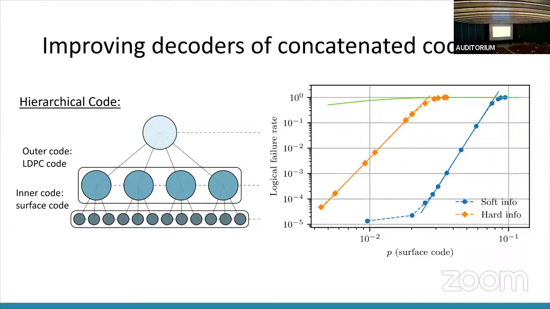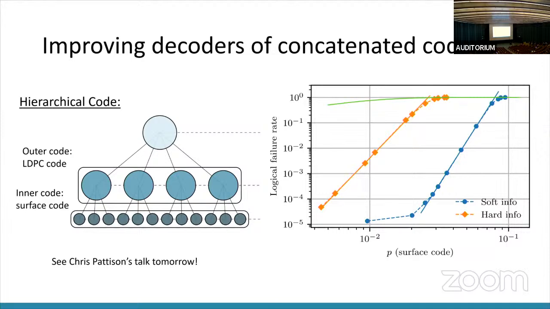So each of those physical qubits in the LDPC code, if you zoom in, you would see a surface code. But see Chris's talk tomorrow on hierarchical codes. Essentially, it's a way to use a good quantum LDPC code if you're restricted to geometrically local gates.